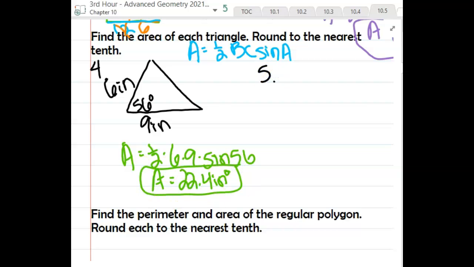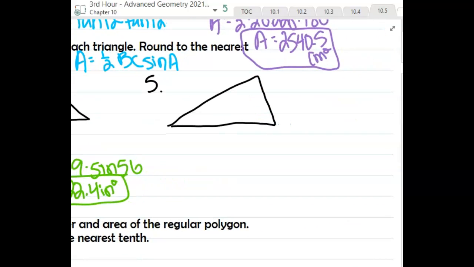We'll do just one more of those. Okay, so on this one, let's say this angle down here is a 34-degree angle. This side is 10 inches, and the bottom is 16 inches. So same idea to find the area.